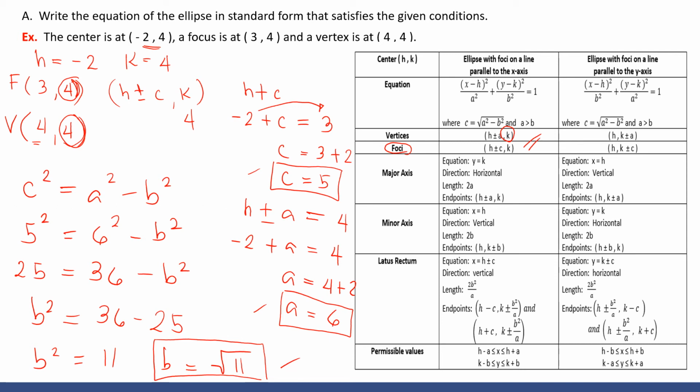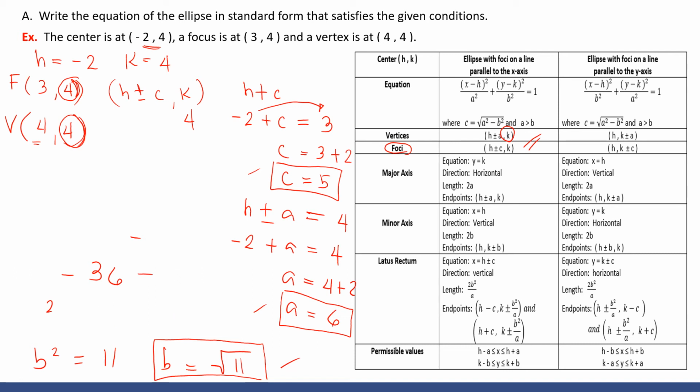Now, our problem ay write the equation of the ellipse. So tingnan natin ngayon. Burahin lang natin itong certain portion para nang sa ganon ay magkaroon tayo ng space para maisulat yung equation dito sa problem na ito.